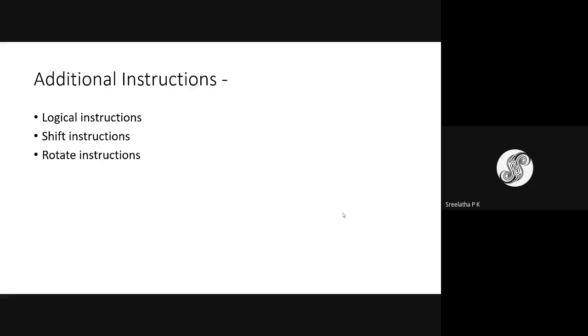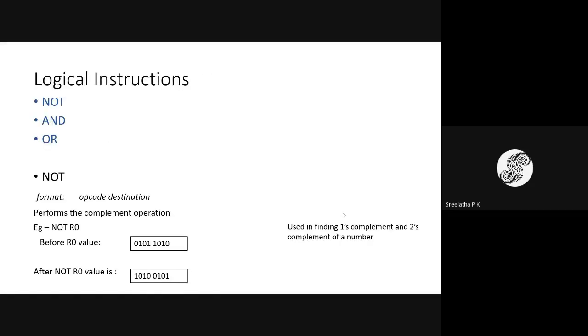So as you had seen, in the logical instructions there are three instructions: not, and, or. Like these three instructions you are studying for this semester. Fine. So the not instruction, the format is opcode and the destination.